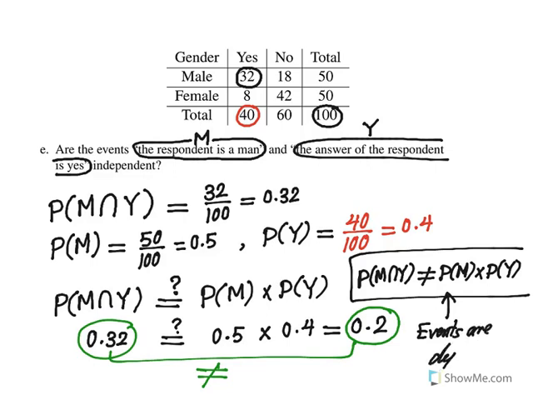So it means that they are dependent. Okay, there is another way to do it. Go on the next page to see how I would do it in a different way to check that they are not independent. Or if you say not independent, it's the same as saying dependent.